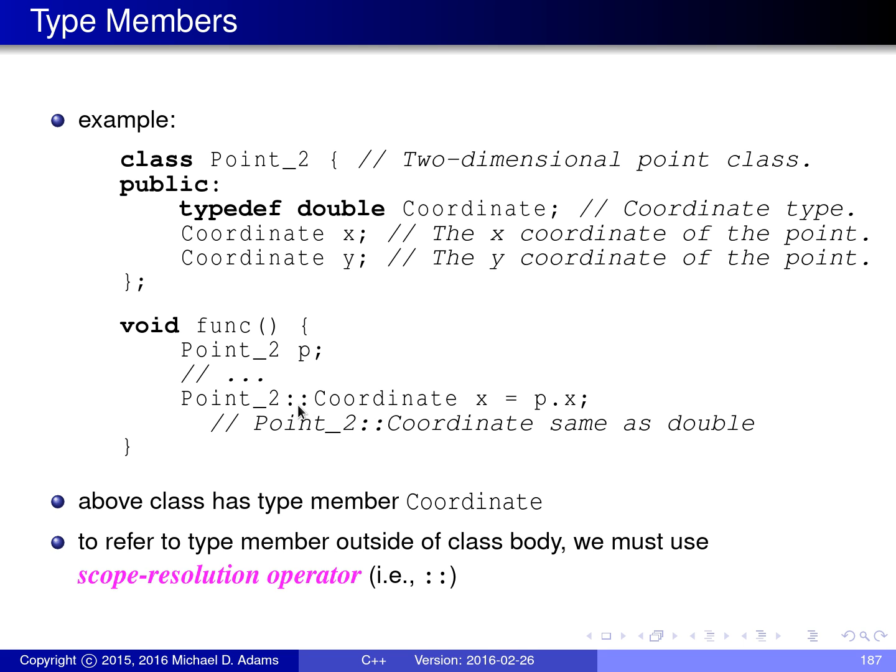Notice here that we have to use the scope resolution operator. We can't just write coordinate by itself, because if we write coordinate by itself, there's no way for the compiler to know that we're talking specifically about the type called coordinate that's inside the point2 class. So in order to specify that we're talking about the coordinate type that's specifically in the point2 class, we have to say point2::coordinate. So this is saying the coordinate type that's inside the class point2.